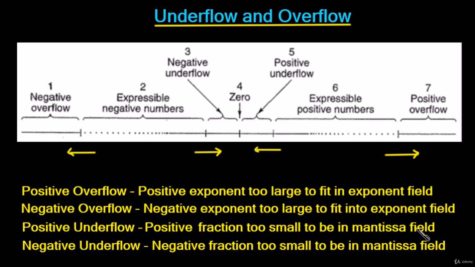Again, we could represent even smaller numbers if we increased the length of the mantissa field. So rather than representing numbers that go down to 2 to the minus 23, we could represent numbers that go down further by increasing the mantissa field. The same thing happens for the negative values. The negative fraction is too small to be in the mantissa field.